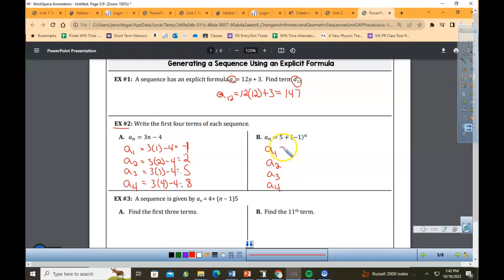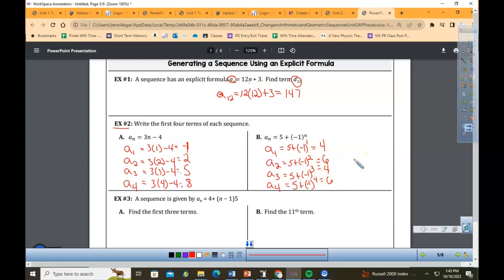I plug in 1 to my equation, plug in 2, plug in 3, plug in 4. That's all there is to this one. Compared to the last section, this seems pretty not bad. It's 4, 6, 4, 6.